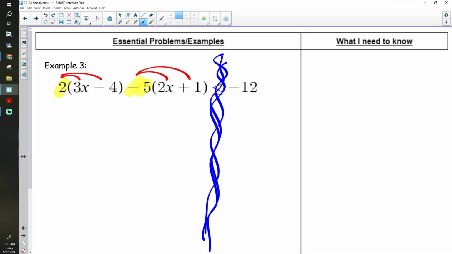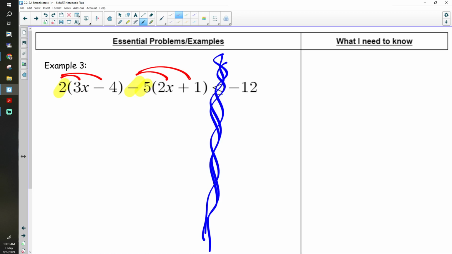Do your next step if you've done it. Good, good. Combine.